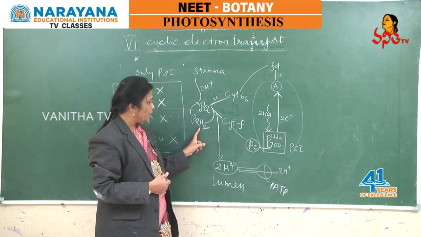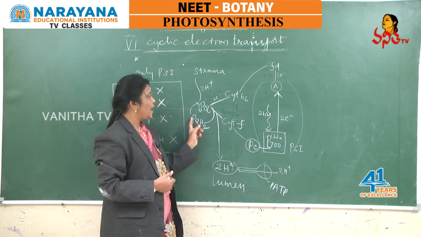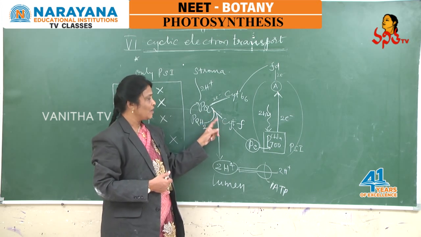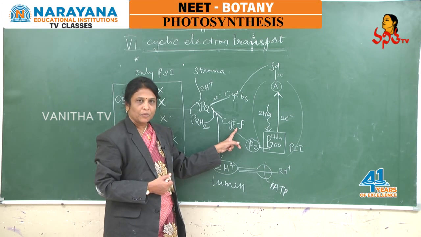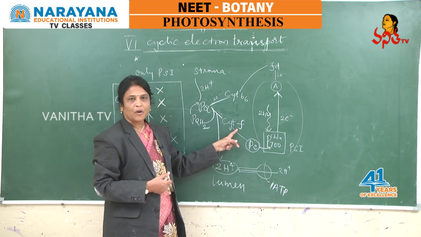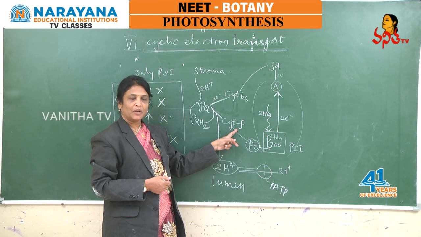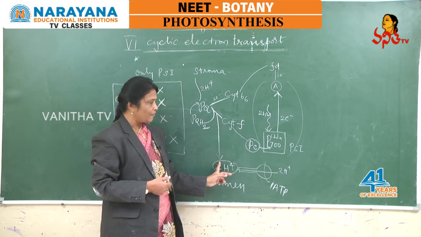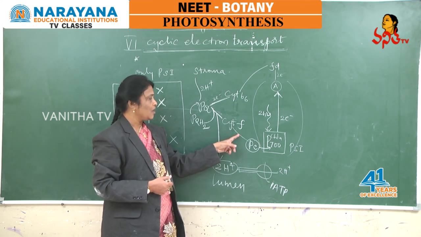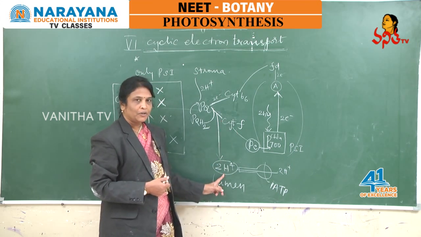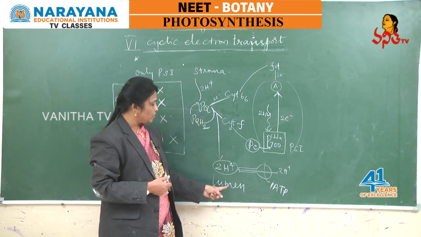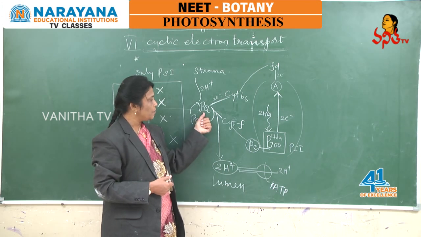And now plastoquinone is reduced to plastoquinol and immediately gets oxidized and liberates those electrons and protons, and the electrons are received by cytochrome F. But of course the cytochrome complex is only an electron carrier and does not receive protons. So the protons are left by cytochrome F, it does not receive those protons, and those protons are now added to lumen and cause translocation of protons from stroma to lumen, by the involvement of plastoquinone and the cytochrome complex here.